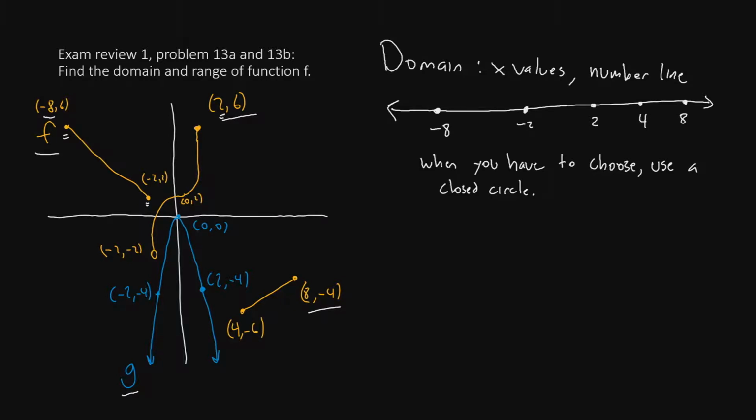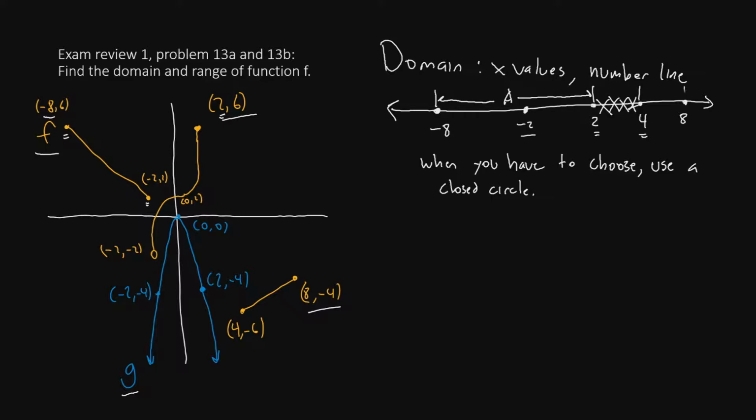However, let's make a note that the function does not exist in between the 2 and the 4, so we'll X that out. Now, ordinarily, this -2 would have caused a break in the function. However, since it's closed, that doesn't count as a break. So our first region, which we'll call region A, will be this region between -8 and 2.